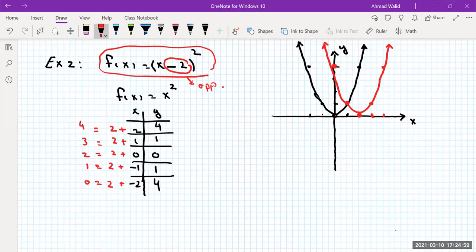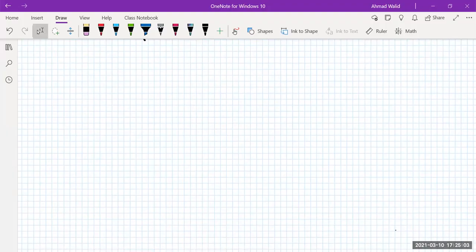Now, some problems, they give you both shifts. Correct? They give you both shifts.